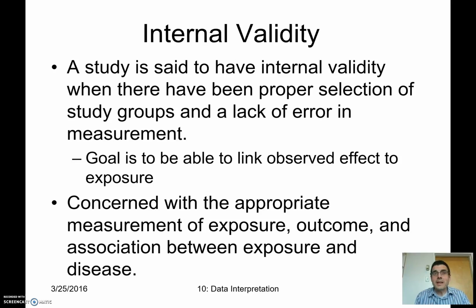When we think about the data that was collected, are we able to link that observed effect to the exposure? When looking at internal validity, you need to be concerned with what type of measurement was completed specific to an exposure, what kind of measurement was done for the outcome, and whether we are able to make an association between that exposure and the disease.